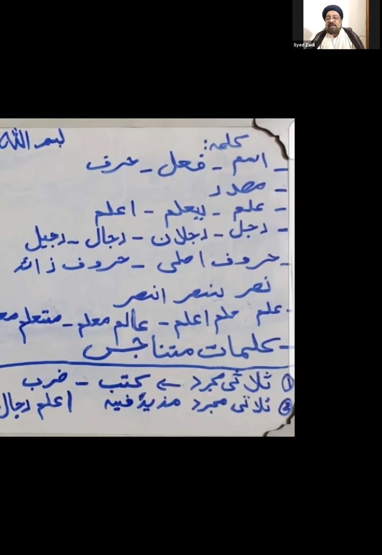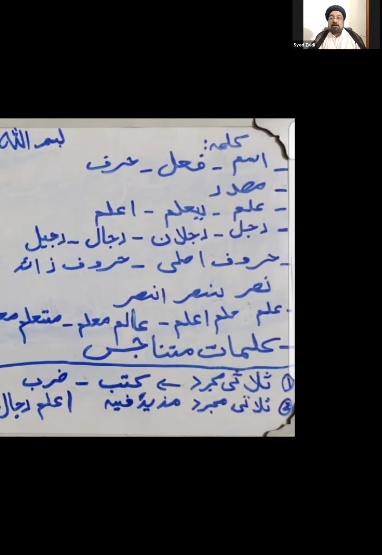From fa'al: Nasara, yansuru, unsur. Nasara, he helped. Noon, Sad, Ra. Now, as I said, the masdar or the real word was Nasr, and this is Nasara. All of the three letters are huruf asli.